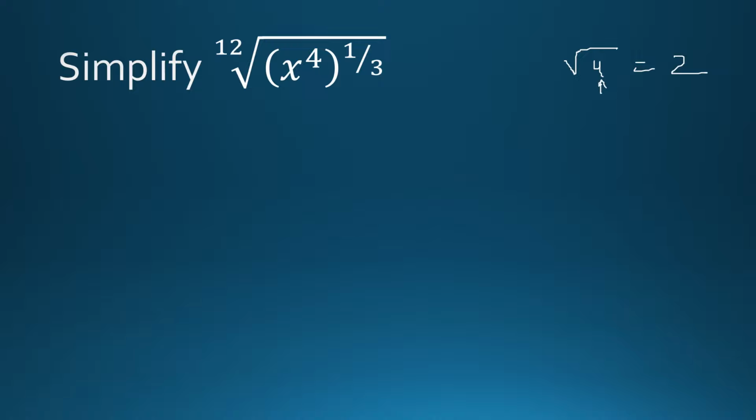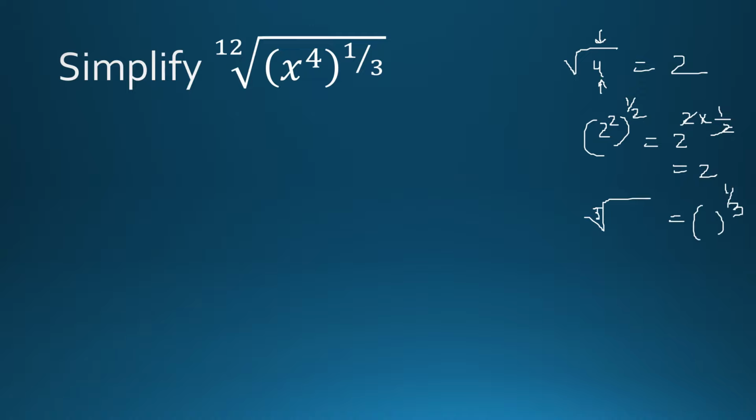Because I can write 4 as 2 square, and this square root will become power 1 by 2. And you know, power raised to power gets multiplied, so 2 gets cancelled with 2, we are left with 2. Similarly, if you have cube root, it will become power 1 by 3. And if you have nth root, it will become 1 by n. So we have 12th root here.